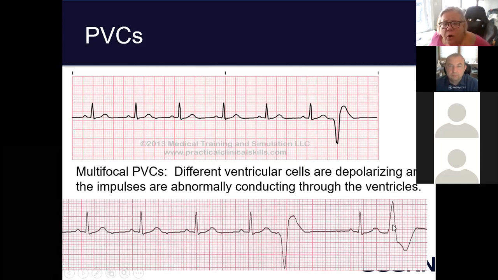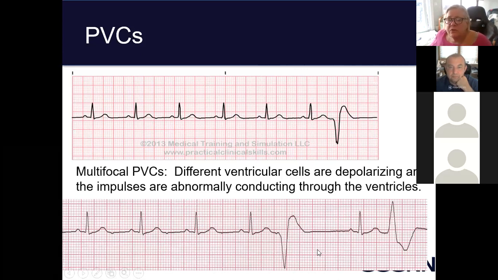So again, no P waves, wide, bizarre in both cases, but this morphology doesn't look anything like the other, nor does it look like this one per se. So this is two different foci, two different initiations of a PVC in the same patient, obviously in the same rhythm strip.